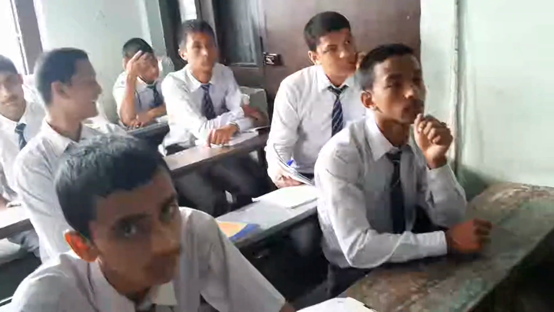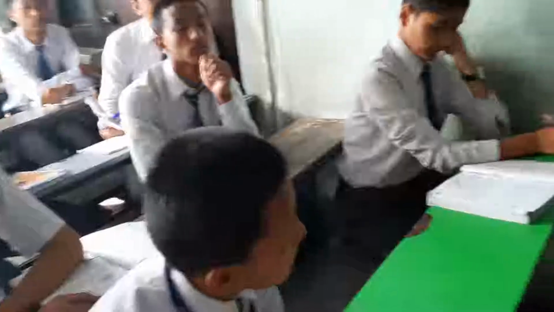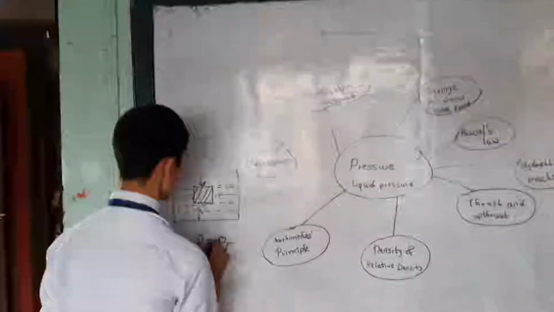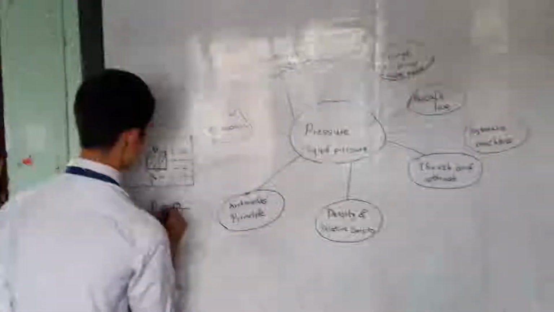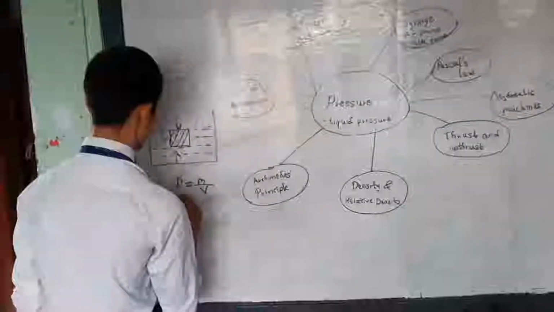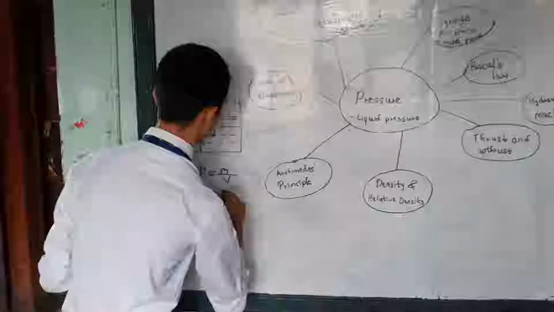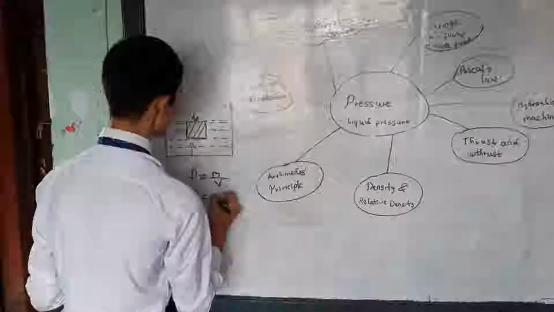And now, we know that density is the heaviness or lightness of a body. Simply, we can say that density is defined as the ratio of mass and volume. We know that d equals m by v. So, when we keep the mass constant, then the volume may decrease or increase.